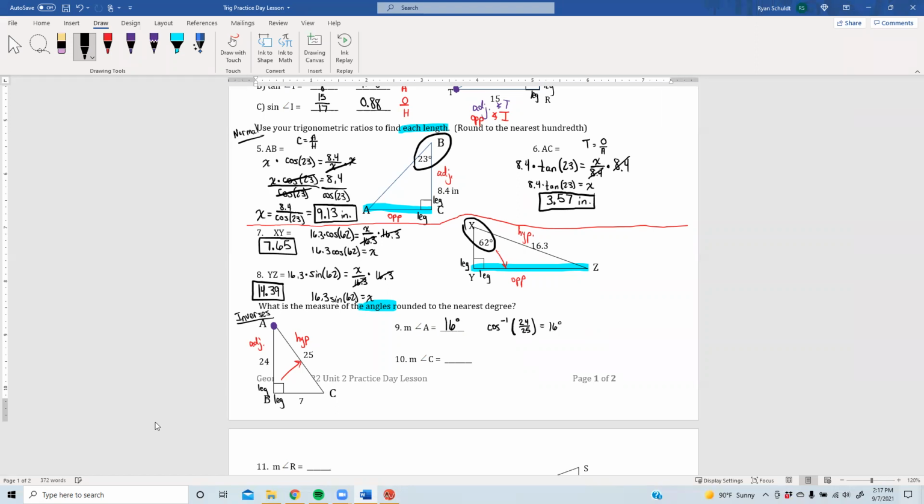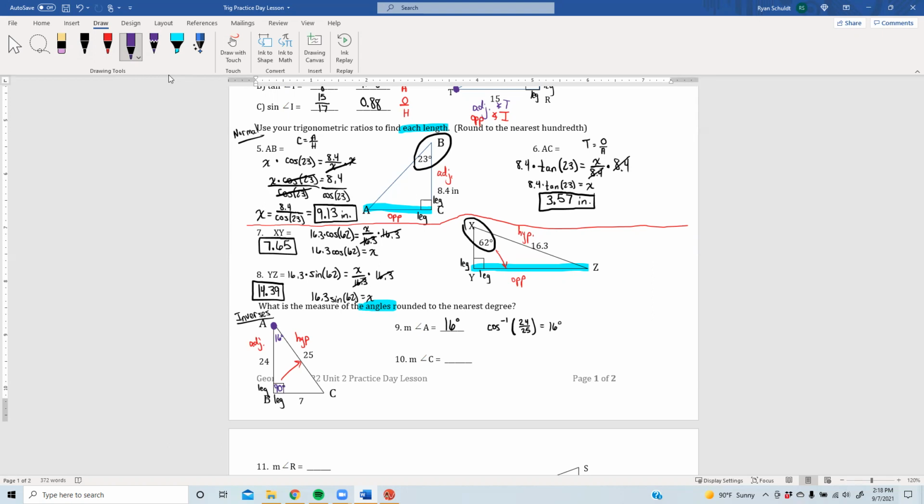Now, you didn't have to pick that one. You could have picked 7 over 25 and done sine. You could have done 7 over 24 and did tangent. There's different ones you could have picked. Okay, so we know A is 16 degrees. This right angle means it's 90 right here.